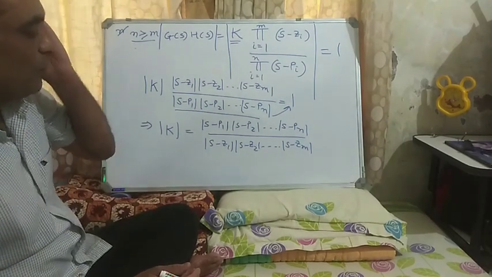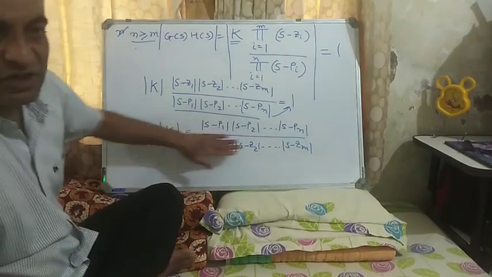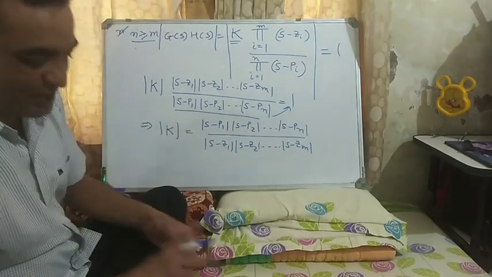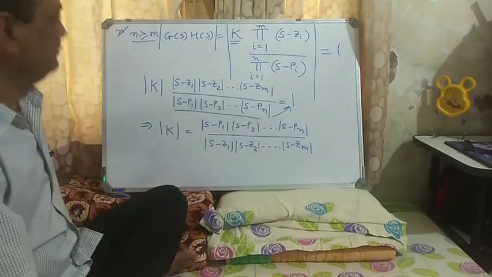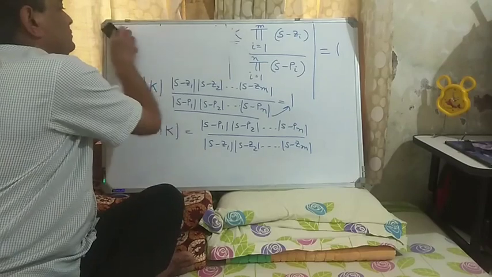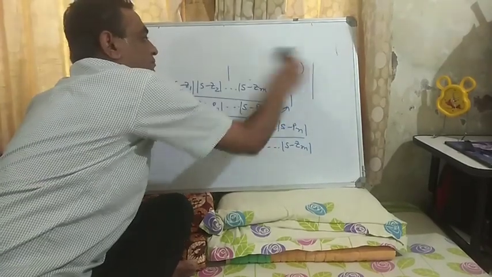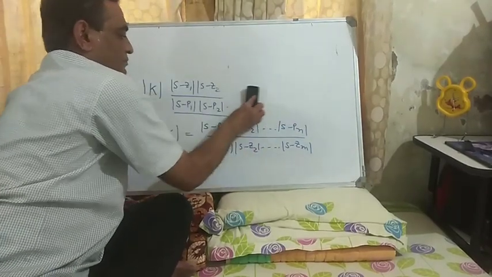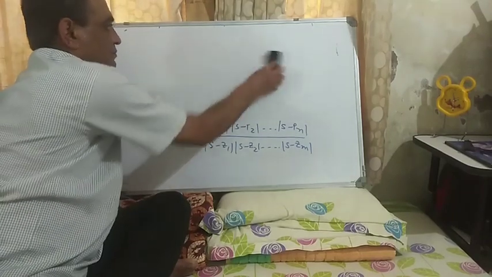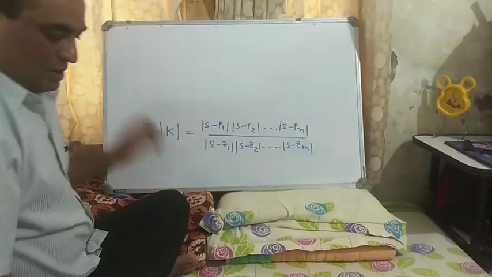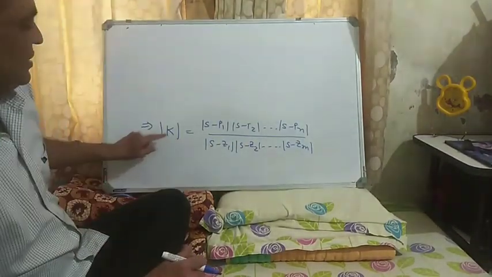Now, this is the general equation, so I am writing it on the top. K is this equation.